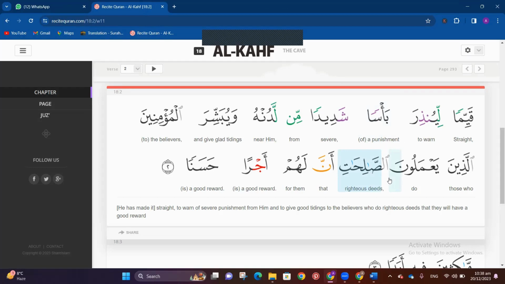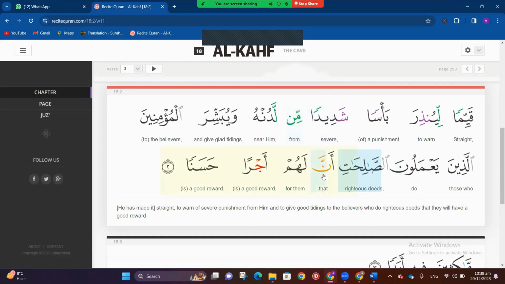الصالحات أن لهم. What we did on anna is the same we did on meem, because whenever there is going to be a meem or a noon letter with the shadda symbol, we are going to stay for a bit. Okay, we are going to stay like this.